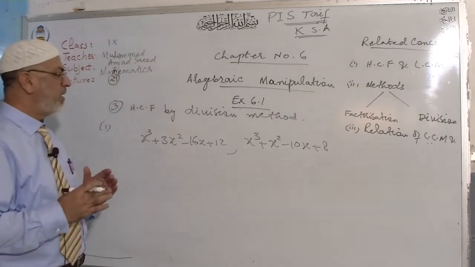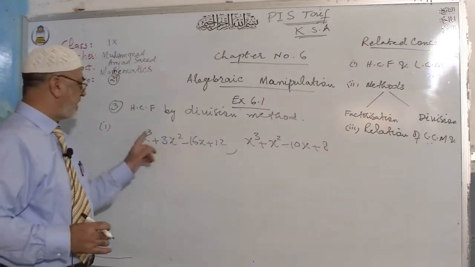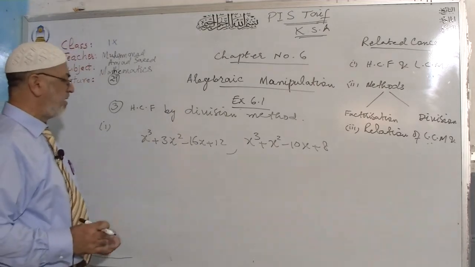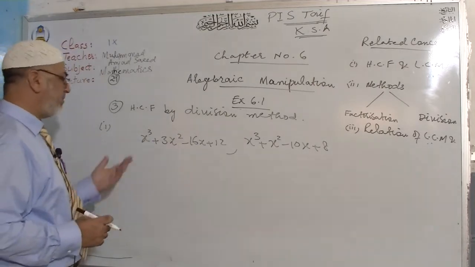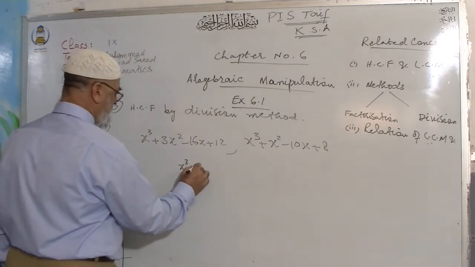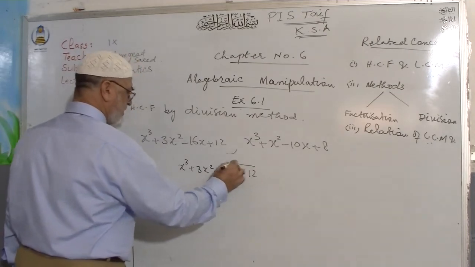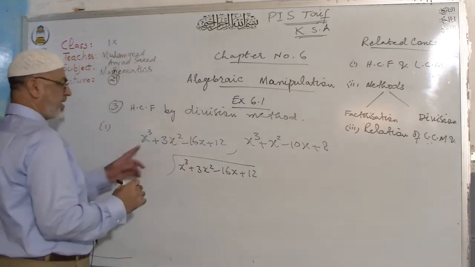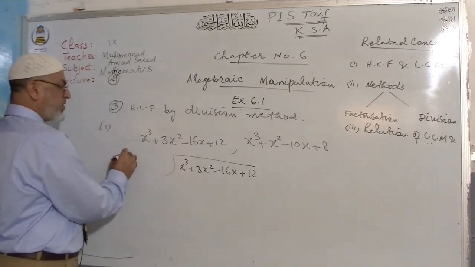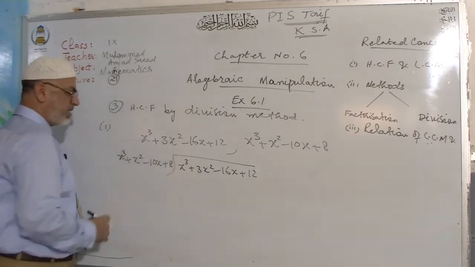First of all, you will write down the bigger term inside, but here is x cube, here is x cube, both have the same orders. So any one term can be written inside. x cube plus 3x square minus 16x plus 12. Write down this inside. x cube plus x square minus 10x plus 8.